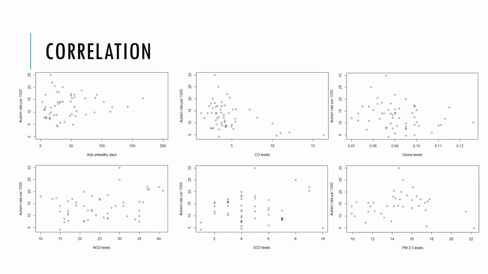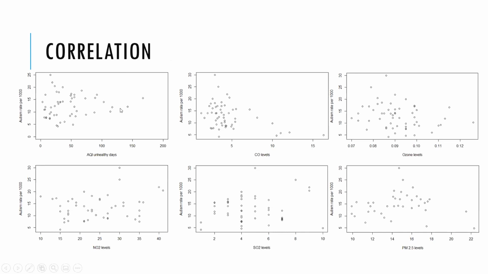So here I have the correlation. On the x-axis, I have the pollution rates, and on the y-axis, I have the autism rates, and they're not correlated. They're not even non-linearly correlated. At this point, I had all my data put together. I had to go through and make sure that I had the air pollution picked from the right counties, to make sure it lined up with where the autism studies were done.